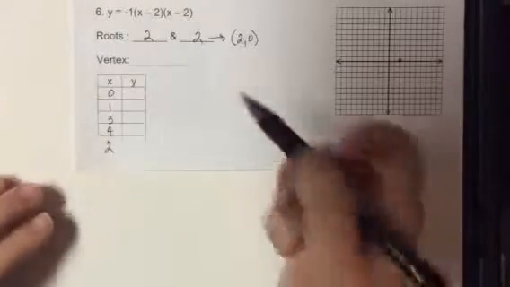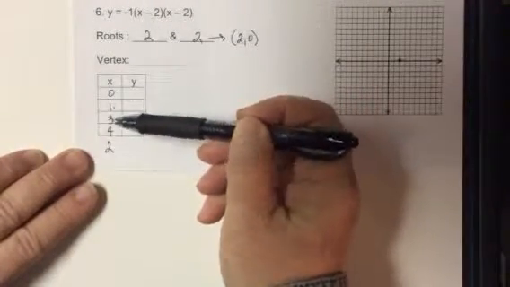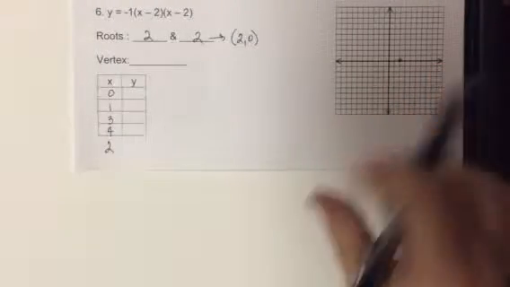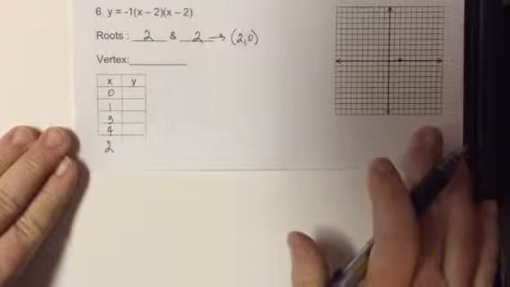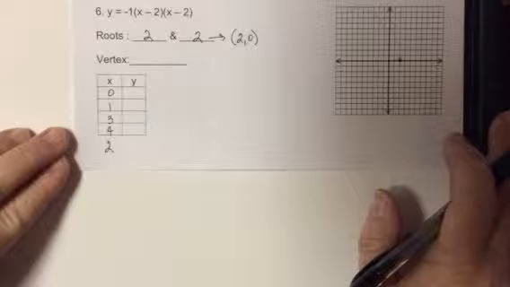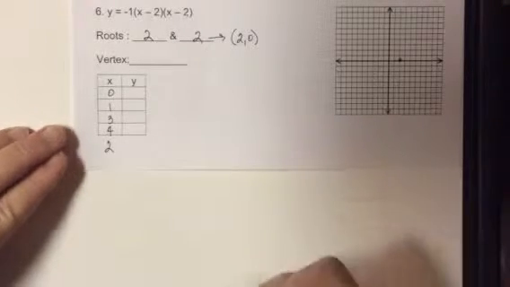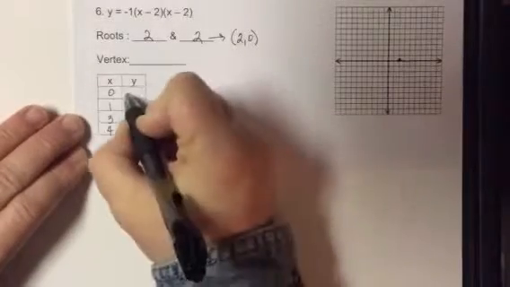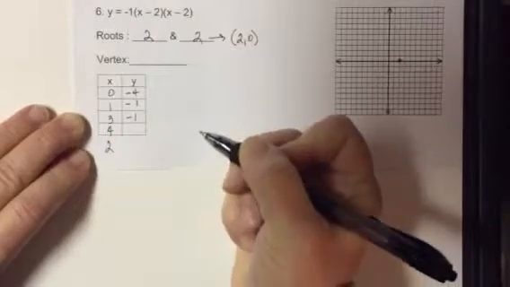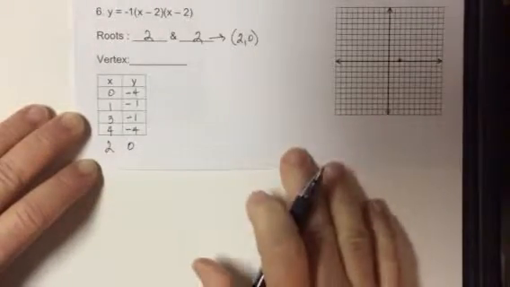Notice my table. Since my root is 2, I chose 0, 1, 3, and 4 on either side of that value. All right, so you can pause and go to your calculator, put in the equation that we're working with or the function that we have here for number 6, and find your table values just like mine, which are going to be -4, -1, 0, -1, and -4.